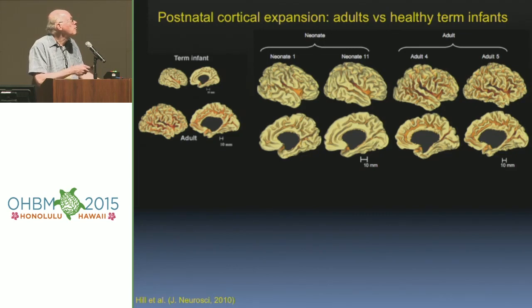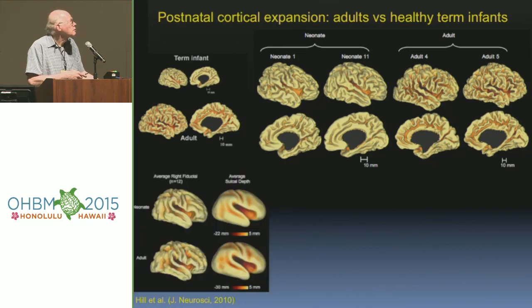You can see that most of the convolutions that are obvious in the adult are also evident in the term-born infants, but it doesn't look quite as mature. It's impressive, though, that it's as far along as it is, given that the scaled versions on the left here show that the term-born infants have only about a third the cortical surface area and overall size as in the adult.